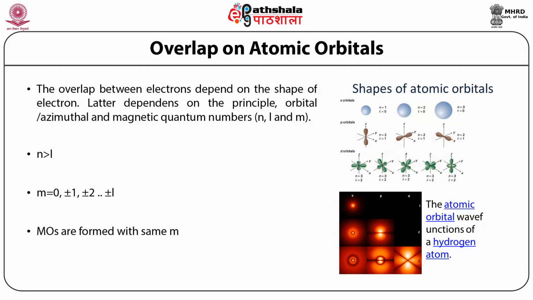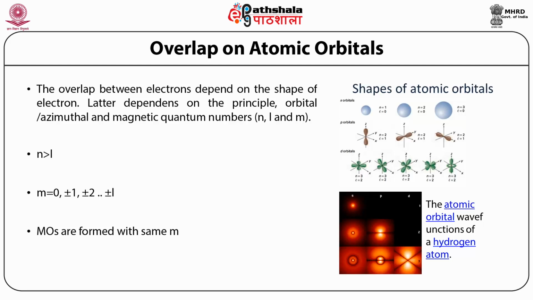if n is equal to 1, then L has to be 0, and then M also has to be 0, and the orbital is spherical. If n is equal to 2, L can be equal to 0 or 1, and L equal to 0 will be a spherical orbital, 2s orbital, and L equal to 1 will have 3 possibilities, M equal to 0, minus 1, plus 1, and we get 3 orbitals, px, py, pz, which are directed in the direction x, y, and z.